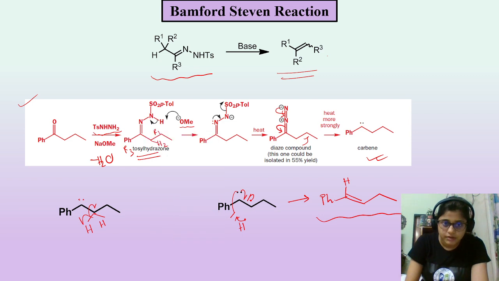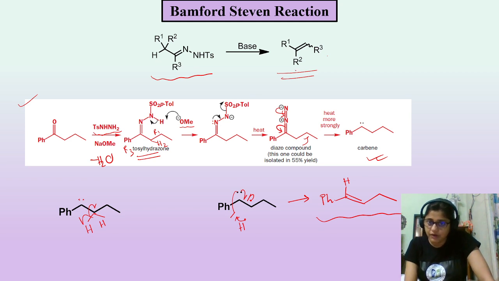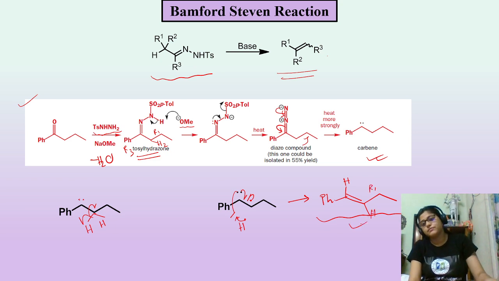Here is also the same thing. In the alkene, one carbon has R1, R2 and the other has R3. Same thing.